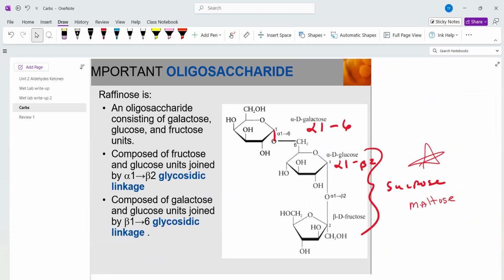We've got galactose, glucose, and fructose all together. And notice where the bonding is taking place, on carbon number 6 rather than carbon number 4, and then we tie into sucrose. So raffinose is a fancy sucrose. Anyway, that's why I wanted to leave that till Monday.